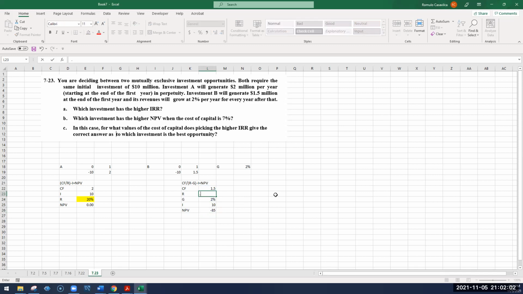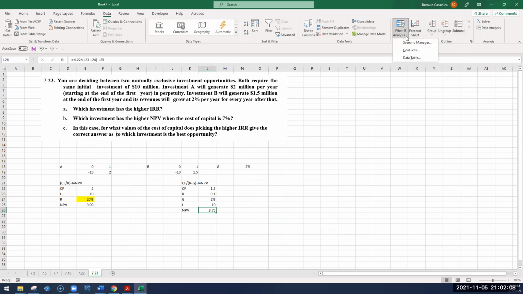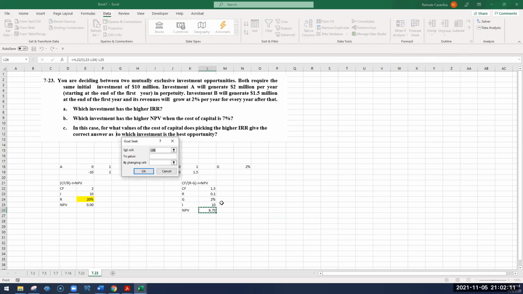I'm going to put any value, and I will do the same thing: data, goal seek, this cell 0, changing this cell R.